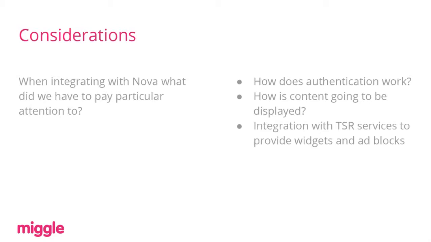In working with Nova and getting the integration part of the project done, we had to consider how the authentication was going to work, if there was any part of the theme that would impact other areas of the site, and also how we were going to integrate those widget blocks from elsewhere, displaying ads or forum content within the Drupal pages.